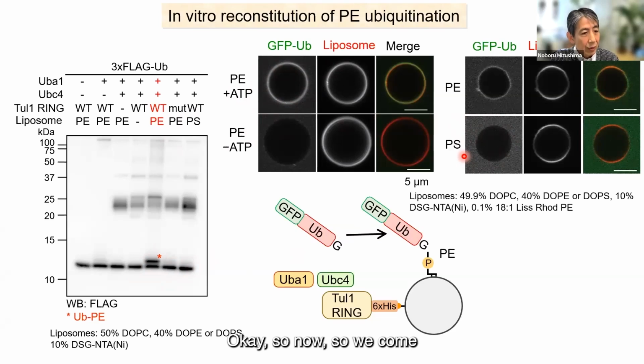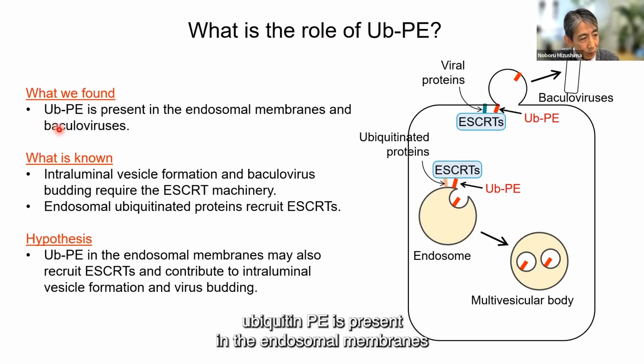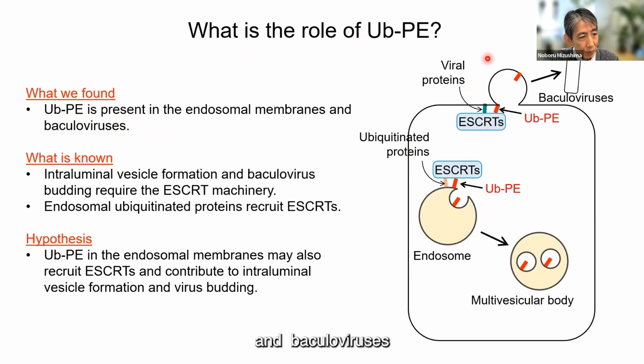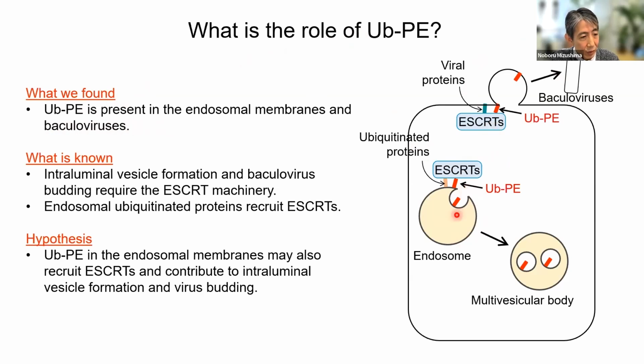Okay. So now, we come to a very important question. So what is the role of ubiquitin PE? So what I have shown you is that ubiquitin PE is present in the endosomal membranes and the vacuolar membranes. And it is known that intraluminal vesicle formation and vacuolar membrane budding require the ESCRT machinery.